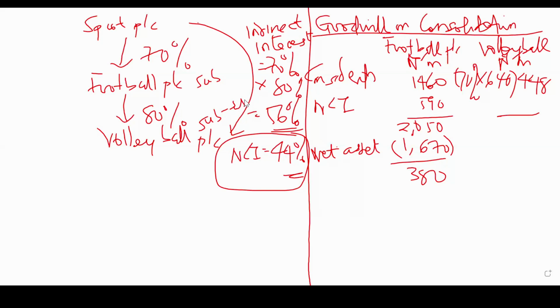That would be a group that would include Football PLC and volleyball alone. But as far as this is concerned, you're only going to take the consideration for the parent company, being Sport PLC, to be 70% of that cash that was paid. However, when it comes to NCI, the NCI is 44%, and in the question they give you the fair value for 44%. So you don't have any excuse.